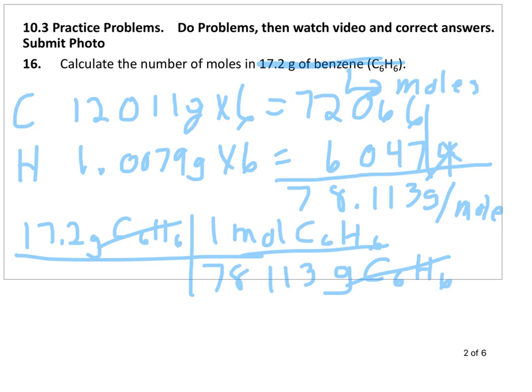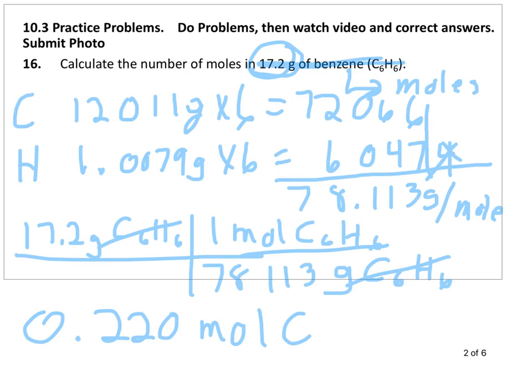Grams divide out grams. And after we divide that out, it looks like we get to keep 3 sig figs. So that would be 0.220 moles of the benzene, C6H6.